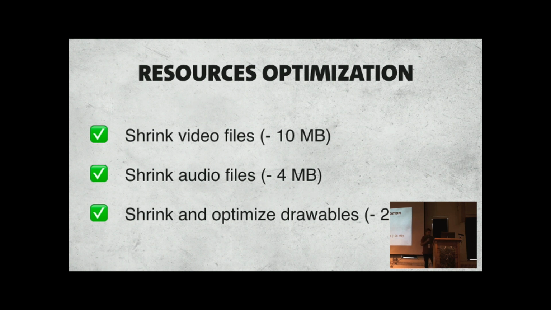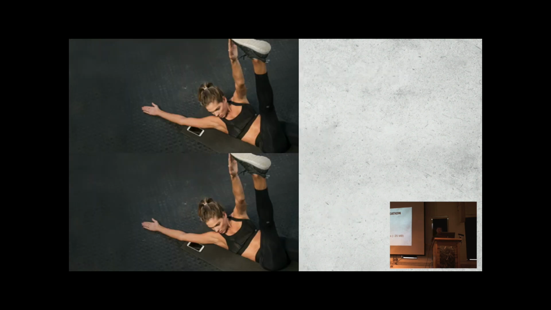And the last part of resources optimization was drawables. With drawables, as you can already see, we also got a really good result, 25 megabytes. Here you can see two images. One of them is before optimization, another is after optimization.